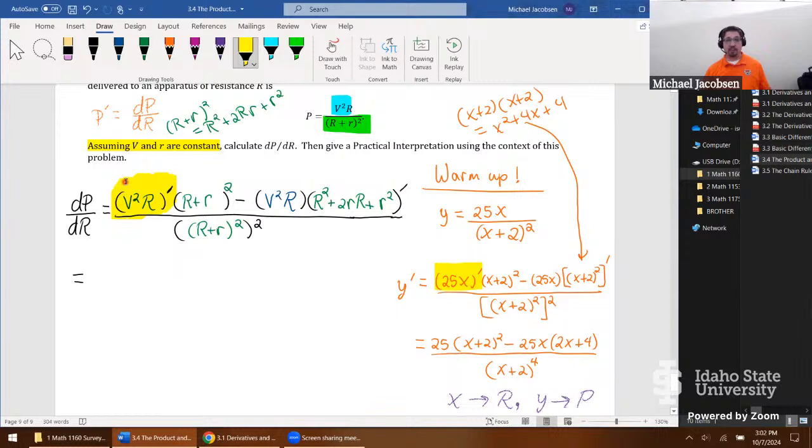It doesn't depend on R. So when we go to differentiate this thing, R is to power 1, so it's going to vanish. We'll just get v squared. So just v squared from this one here, much like following the highlighting in yellow, how the 25x prime just turned into the 25. Does that make sense, folks, on that first term there, differentiating?